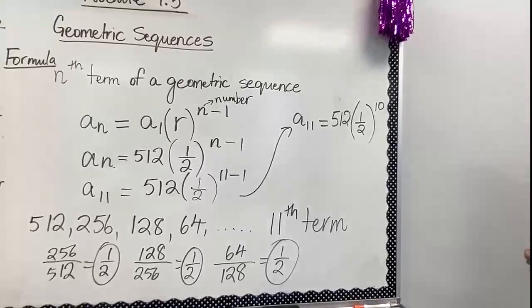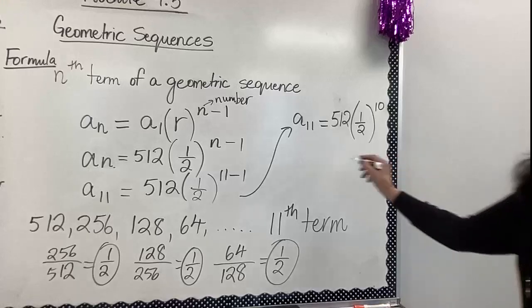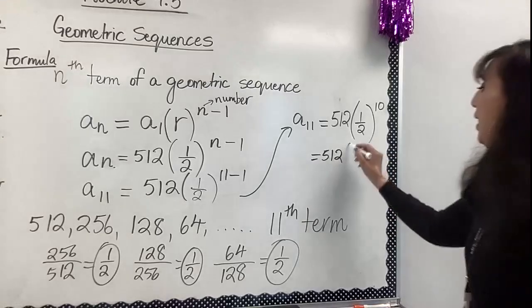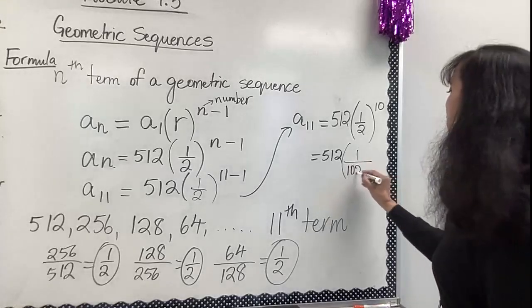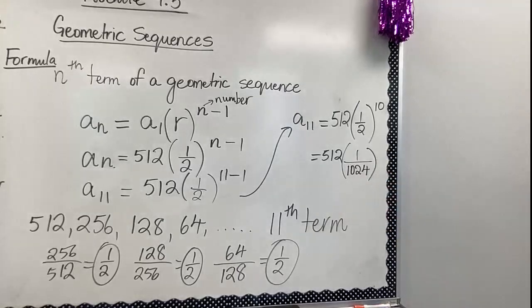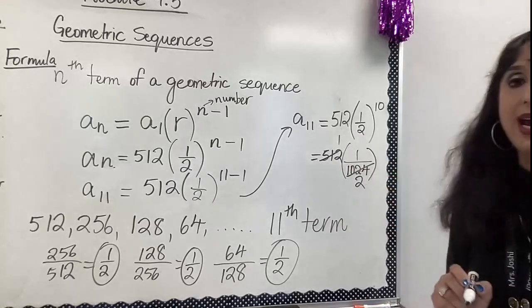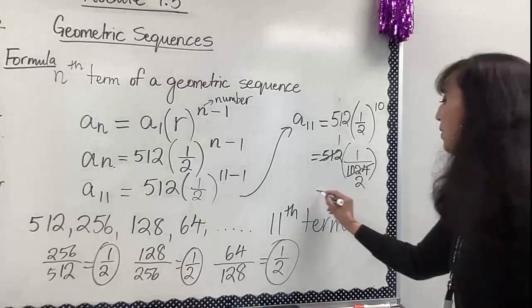When I simplify this, I get 512 over 1, and 1/2 raised to the 10th power is 1 over 1024. Then I simplify, and therefore my answer is going to be 1/2.